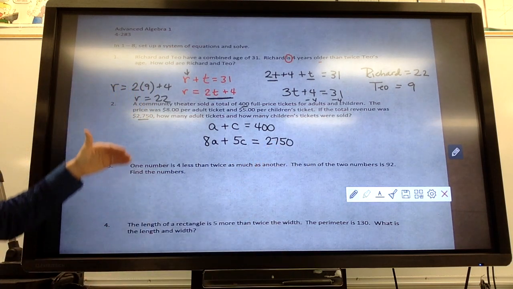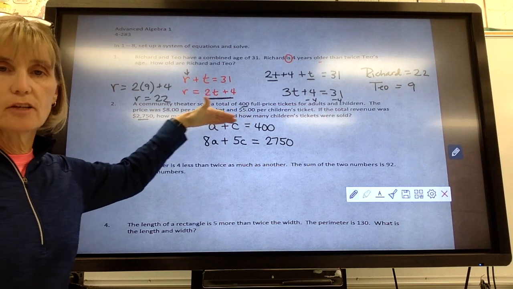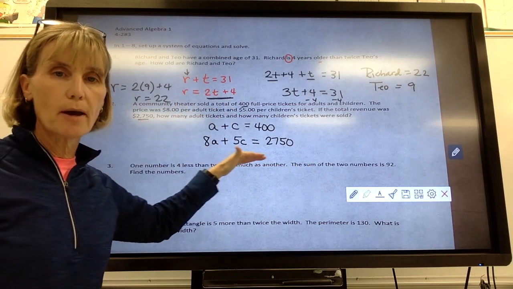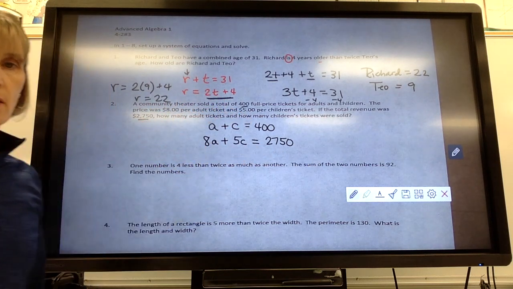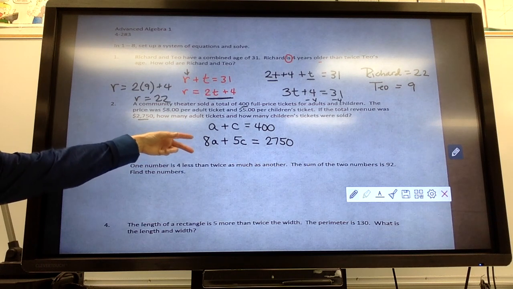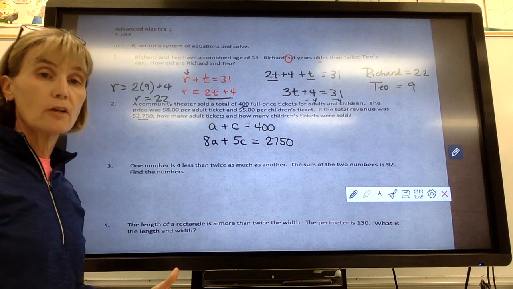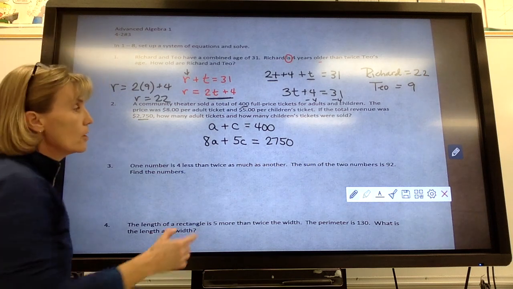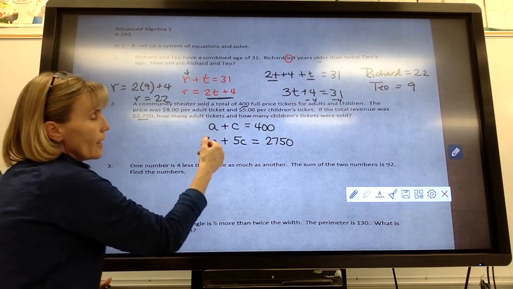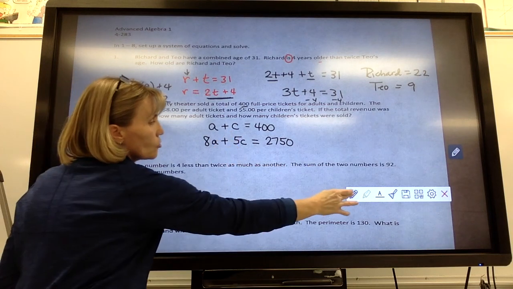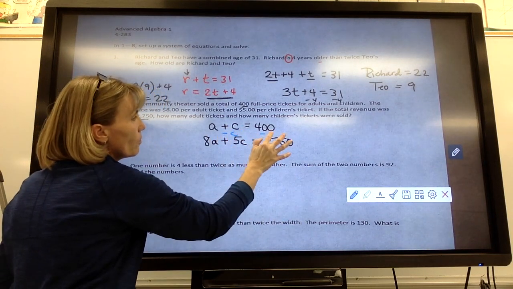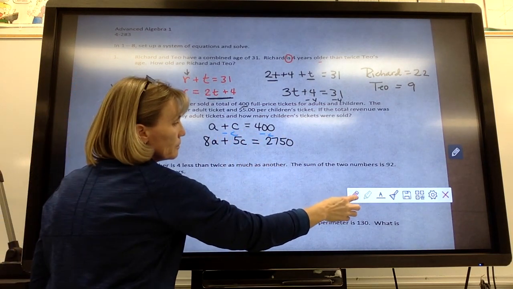So one of my equations is just about how many tickets were sold. The other equation deals with the amount of money that's brought in. Now, if you look at this system, we don't have A or C by itself in order to substitute. So you're going to have to do that yourself. You can get either A or C. I'll get A by itself, by subtracting C from both sides of the equation.